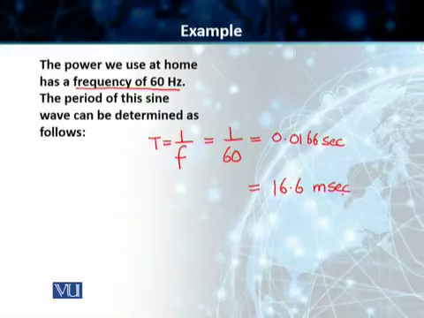And if you convert it into its appropriate units, this comes out to be approximately 16.6 milliseconds. So students, this essentially means that the period of the power for our lights at home, for example, is 16.6 milliseconds.